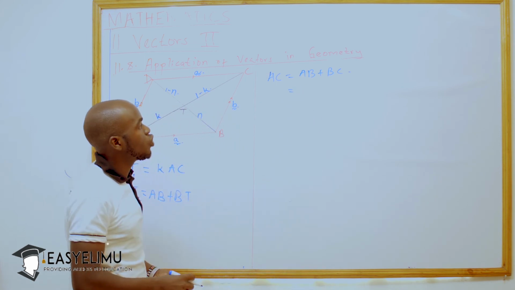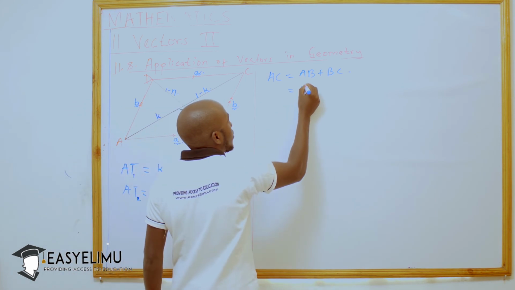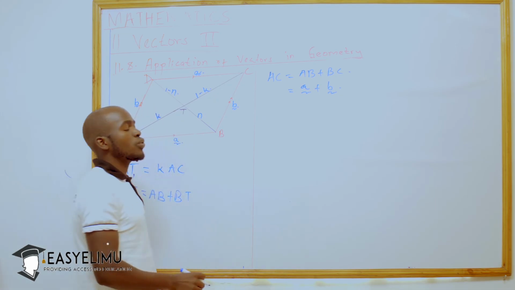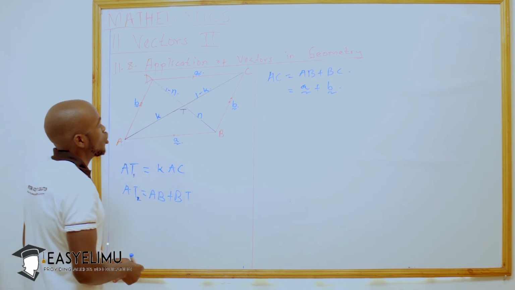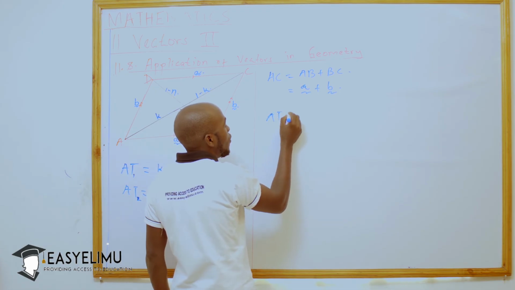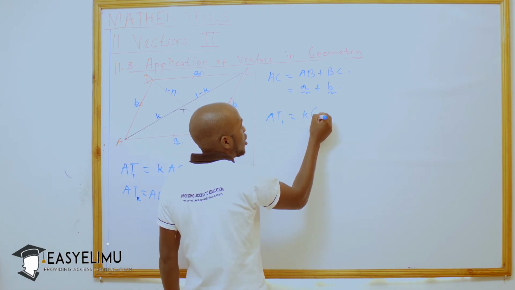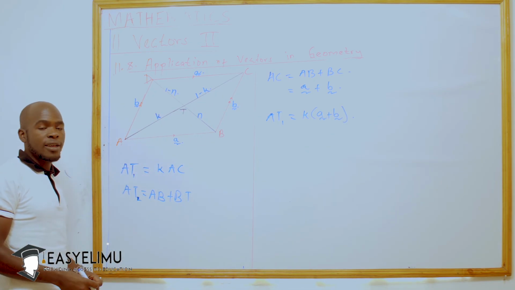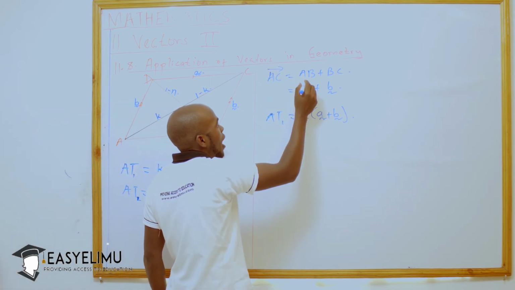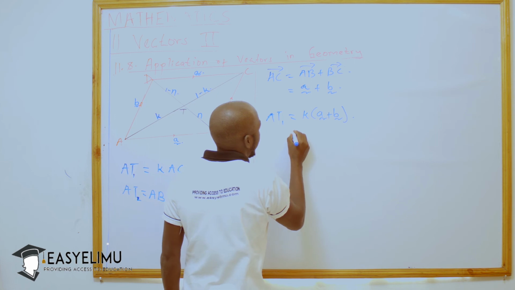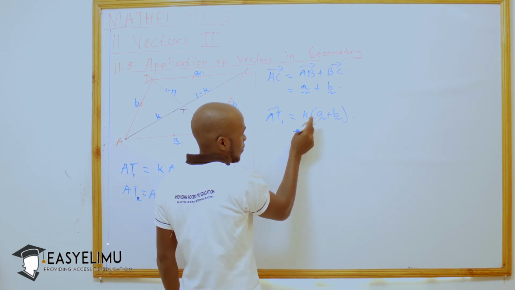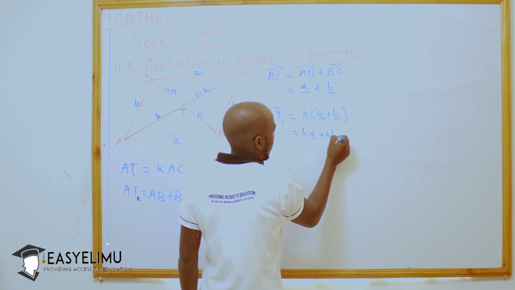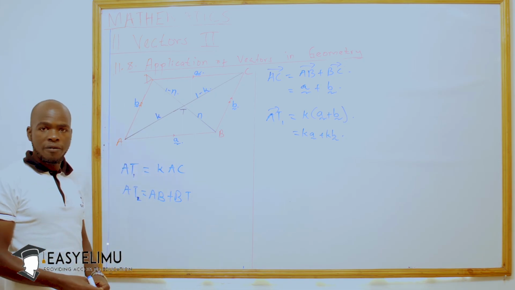In that case, AB is vector A and BC is vector B. So meaning that AC is equal to vector A plus vector B. So meaning AT1, I'm going to get it as K into bracket vector A plus vector B, since that is AC. So we shall have KA plus KB. That is what I find AT in the first way.